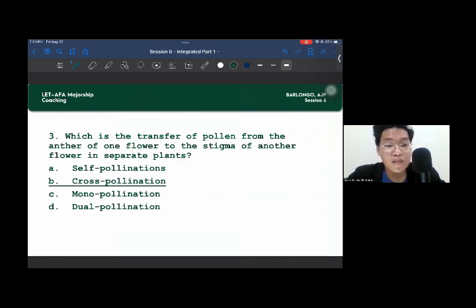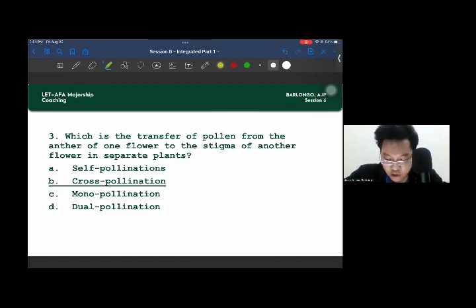So, one of the first things that we need to know here is what are these different parts. I hope that you have some background on the parts of the flower.